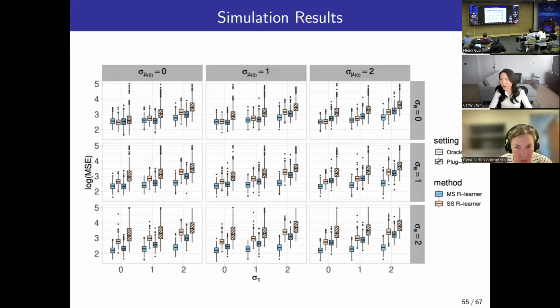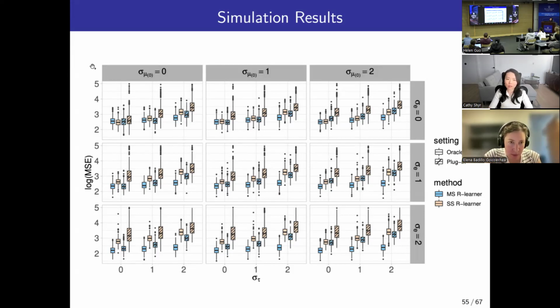This is where we know the nuisance functions ahead of time. The striped box plots represent the plugin versions where we had to estimate those membership probabilities and nuisance functions from data. In blue is the multi-study R-learner, and the study-specific R-learner is in the peach color.